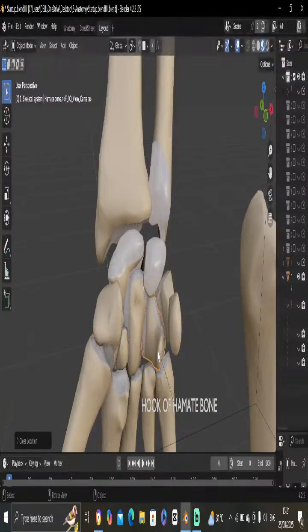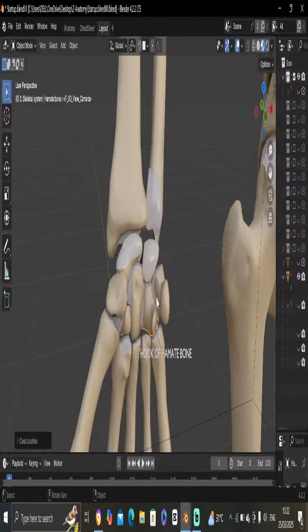If we look at this hook of hamate and this pisiform bone, we can see there is a valley, a depression in between. This depression is breached by a ligament called the pisohamate ligament. That is, the ligament moves from the pisiform to the hamate. It converts that depression into a canal, also called Guyon's canal.